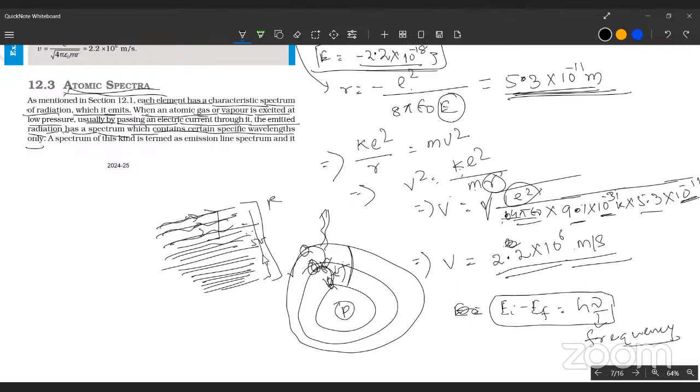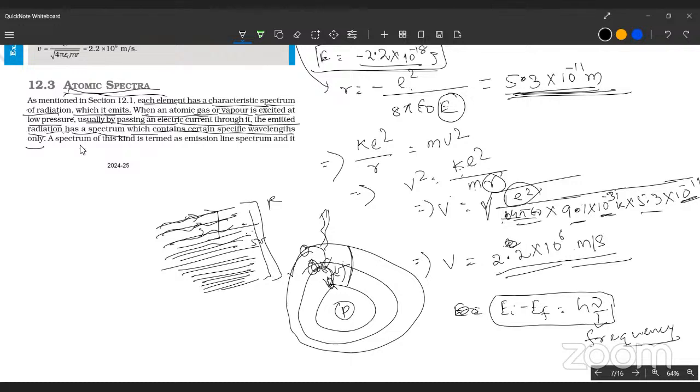This is called a spectrum of wavelengths.